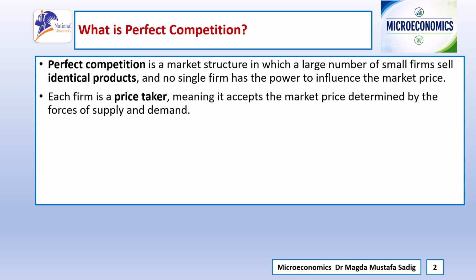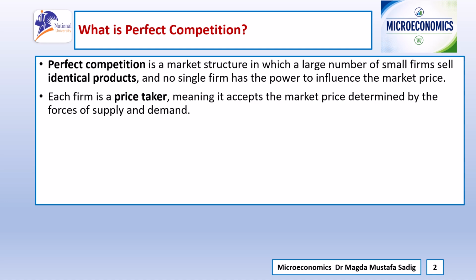Instead, the market price is determined by the interaction of total demand and total supply of all firms in the industry. Each individual firm simply accepts this market price. This is why we call these firms price takers.